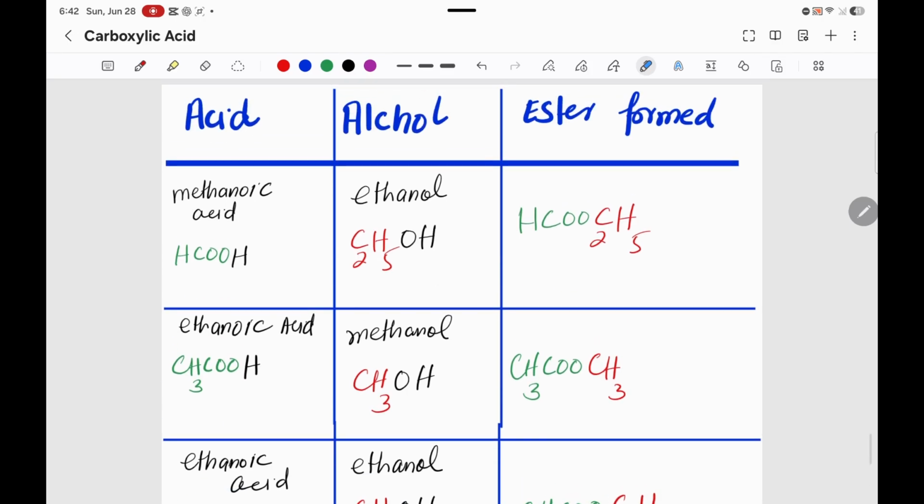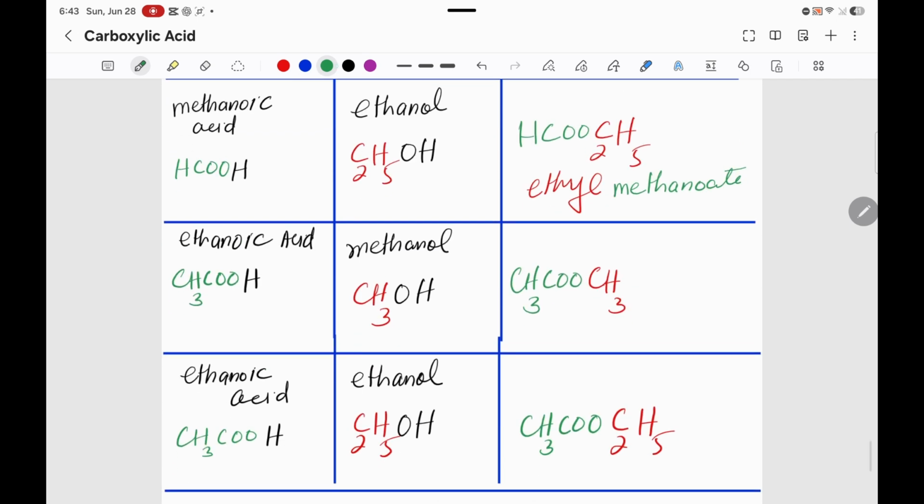Now write down the names. First, the alcohol part will come. So alcohol part is ethyl, because we are going to use ethanol. So the name would be ethyl, and carboxylic acid is methanoic acid, so it would be methanoate. All right. Again, alcohol part is methyl, because we are going to use methanol here, and acid part is ethanoate.